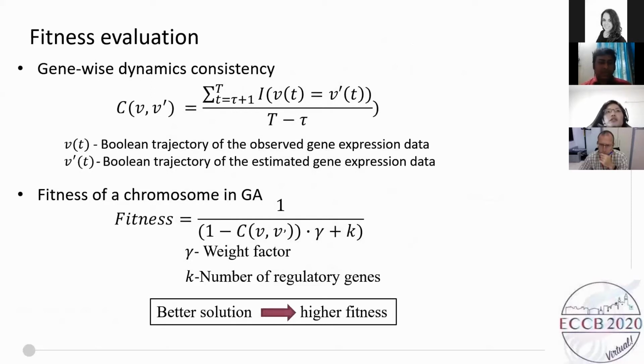Then we can define fitness, which is 1 divided by 1 minus this equation, where gamma is a weight factor, k is the number of regulatory genes, and C(B') is the dynamic consistency. Here a better solution means higher fitness.